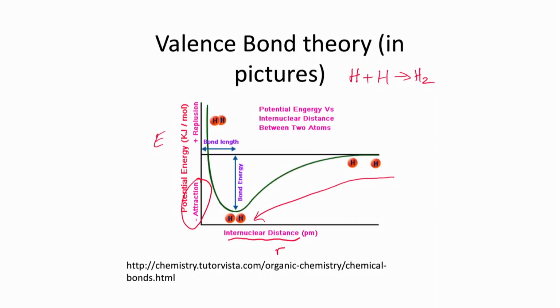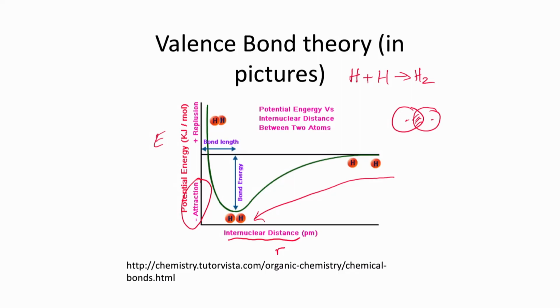Eventually, they get pretty close together, and this area here in the middle represents the overlap between those two orbitals. Right now, they're both pretty happy because they can share the electrons and all of the good interactions are maximized.